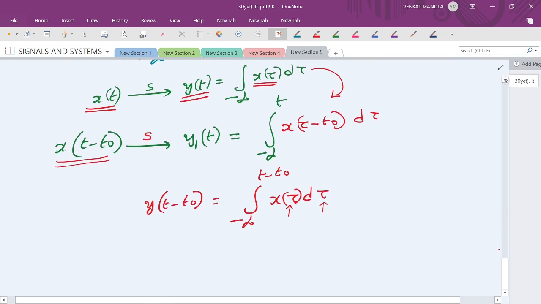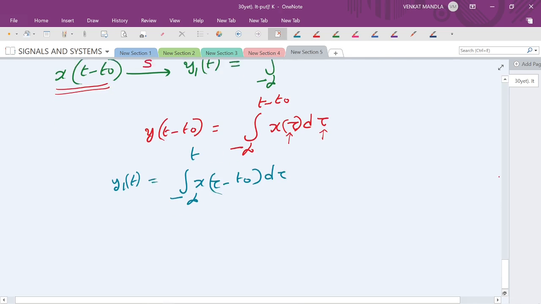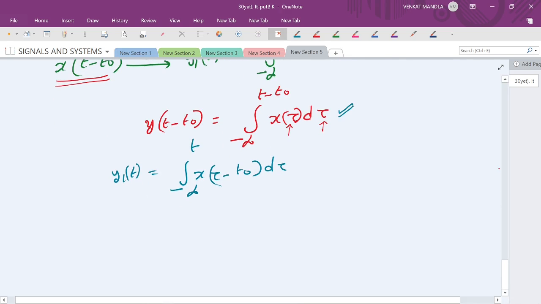Whether y1(t) is equal to y(t minus t naught), that I have to check. y1(t) is the integral from minus infinity to t of x(tau minus t naught) d tau. To check this, in the argument we have x(tau minus t naught), so take tau minus t naught as some m, or lambda, whatever.